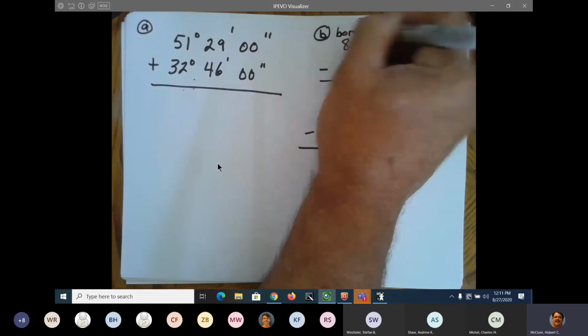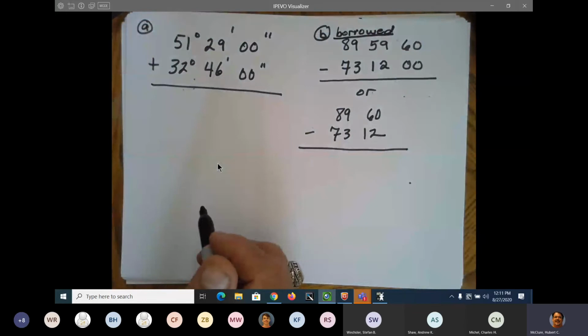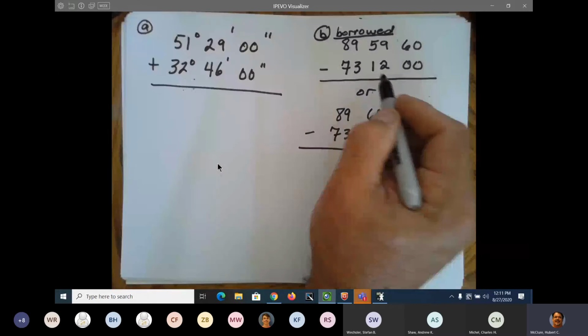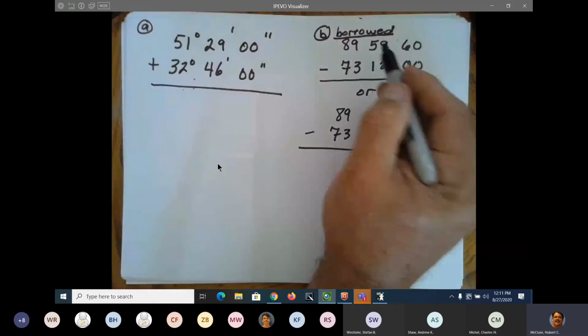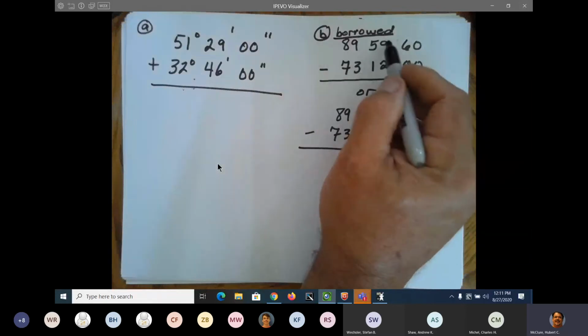Now, did y'all learn this concept a long time ago? Yes. Y'all remember when you were subtracting two numbers and you had to borrow one from the other number? Well, you're doing it here because you can't take 12 away from 0. And 0 was when it was 90 degrees, 0 minutes.